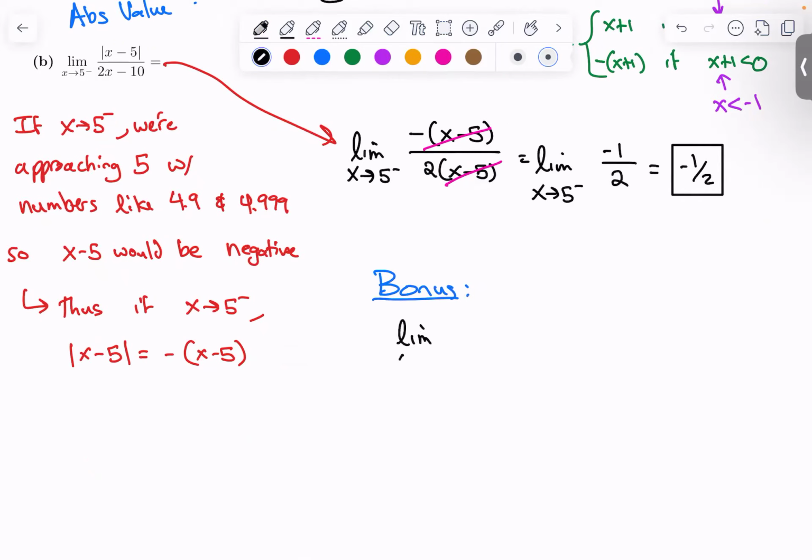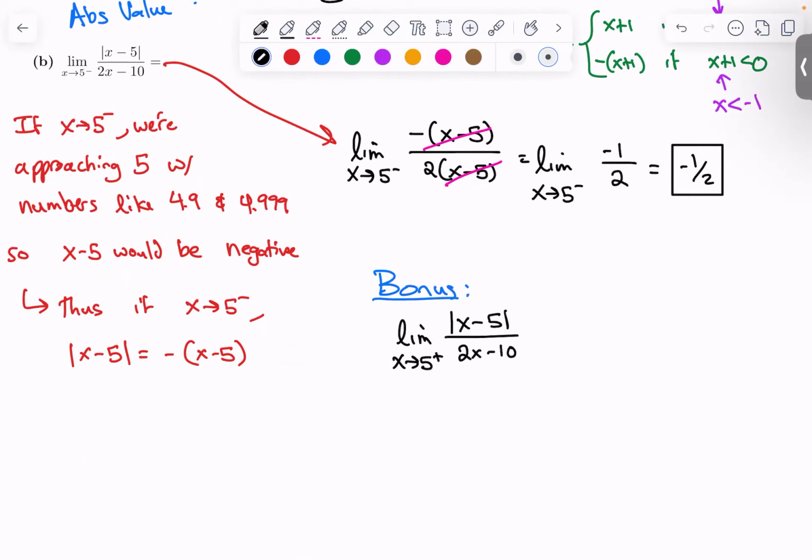The limit as x approaches 5 from the right of the absolute value of x minus 5 over 2x minus 10. So don't write anything down and just listen after you finish writing this, before we actually start doing things.